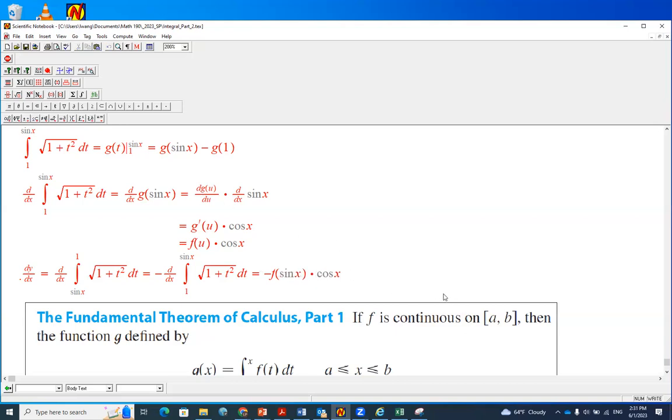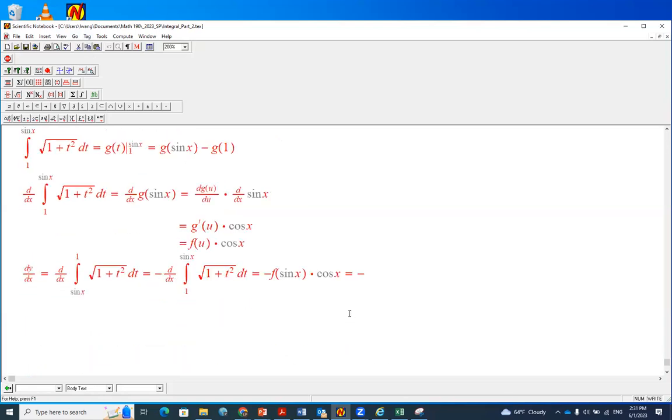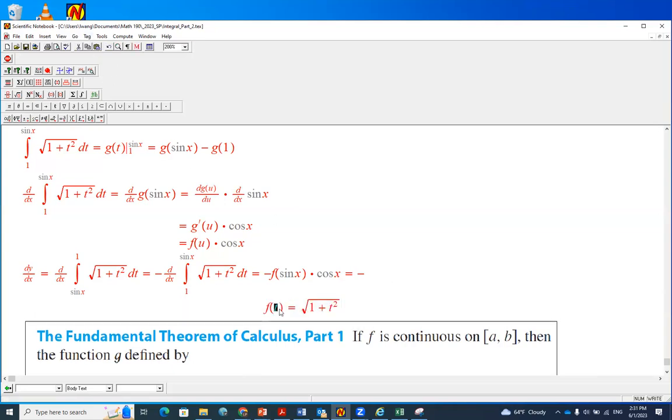And then last but not least, we know what f is. So that's going to be f of sine x.